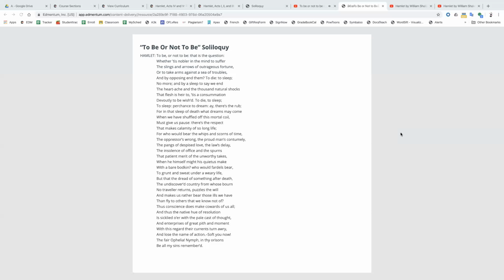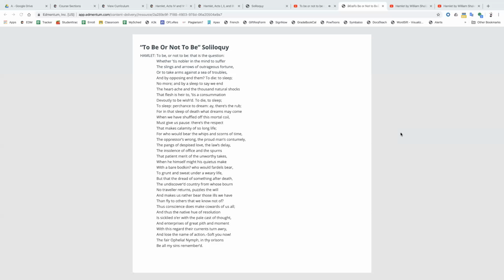But that the dread of something after death, the undiscovered country, from whose bourn no traveller returns, puzzles the will, and makes us rather bear those ills we have than fly to others that we know not of.